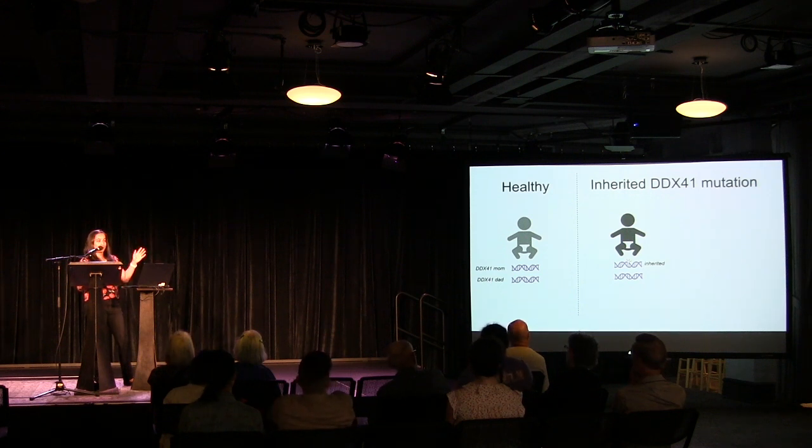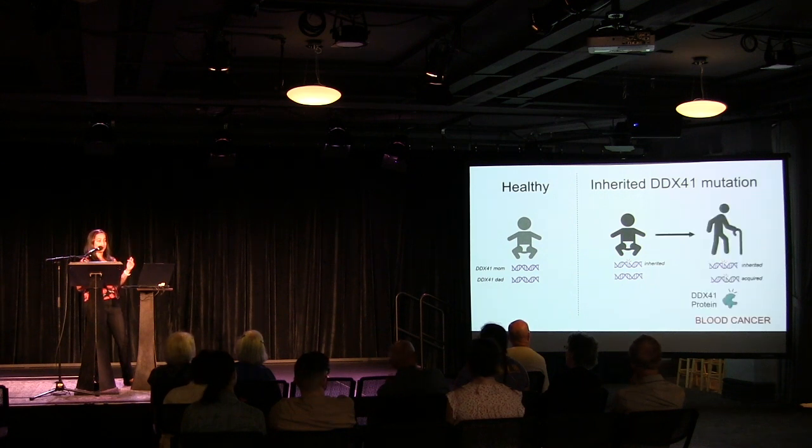And this copy could be either from the mother or the father. And typically, these people who have this inherited mutation don't really show any disease symptoms, and they lead a healthy life for most of their life. But as they approach that 60, 70 years of age, what happens is they get a second mutation in the second allele, second copy of the gene of DDX41, which basically makes the DDX41 protein mutated, and this leads to blood cancer.